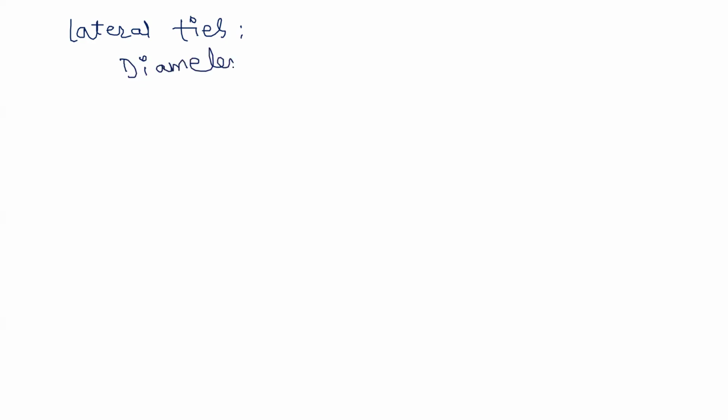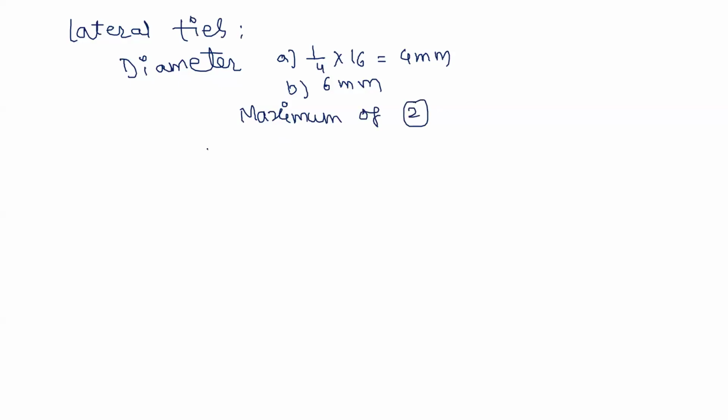So two criteria we have. First criteria, one-fourth of maximum longitudinal reinforcement diameter, so 4 mm. And second, we have 6 mm. We have to take maximum of 2. Therefore, use 6 millimeter diameter.